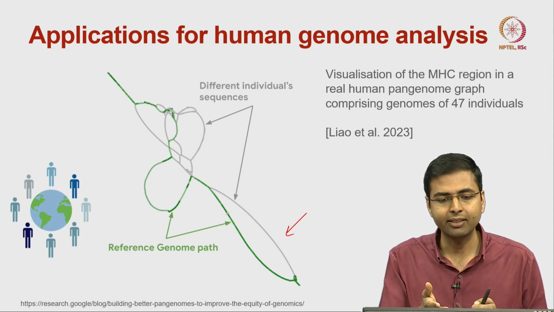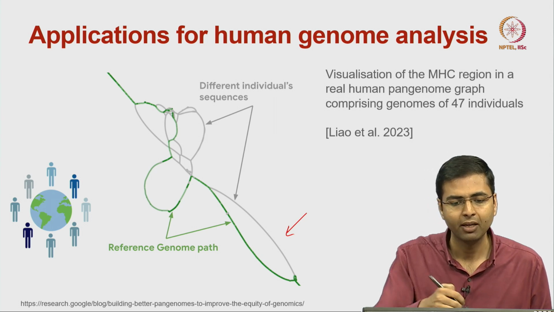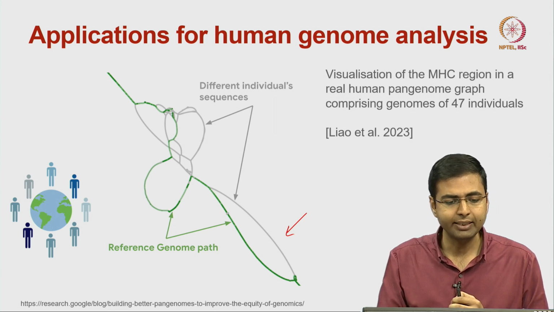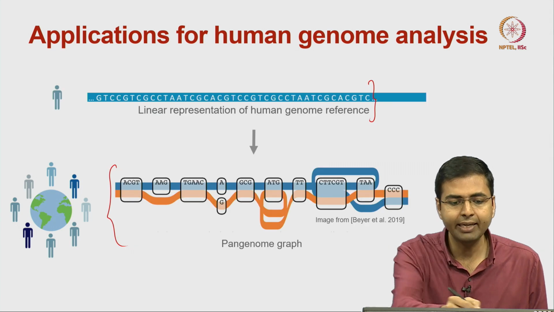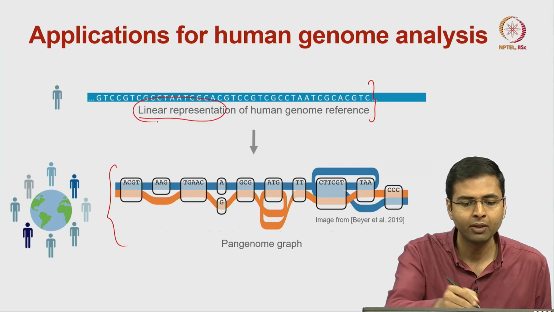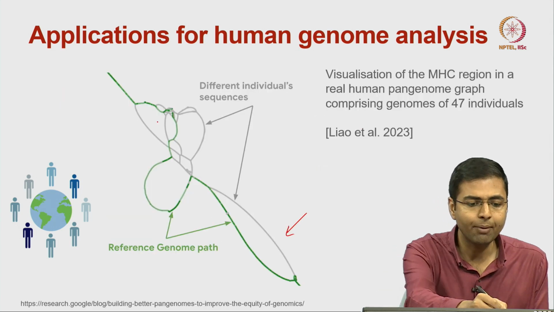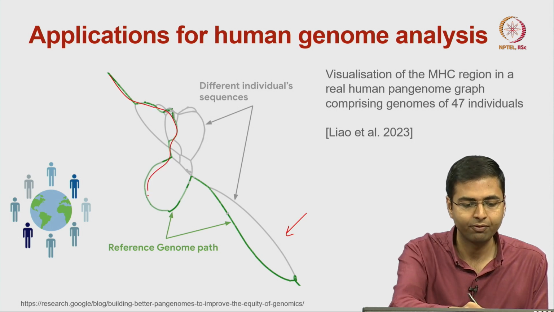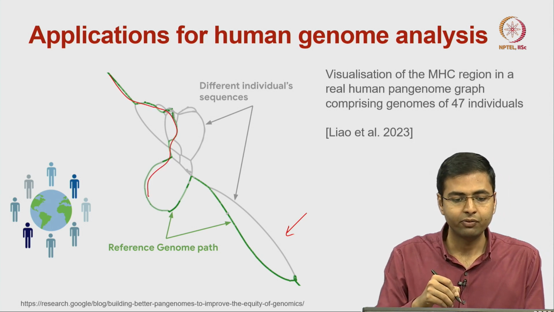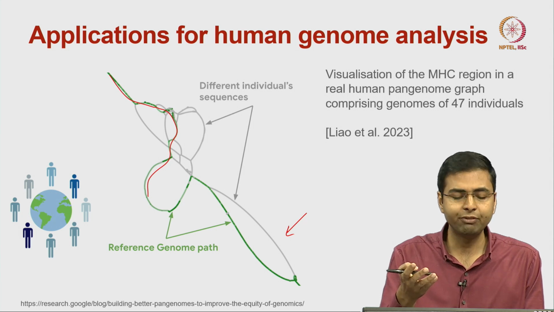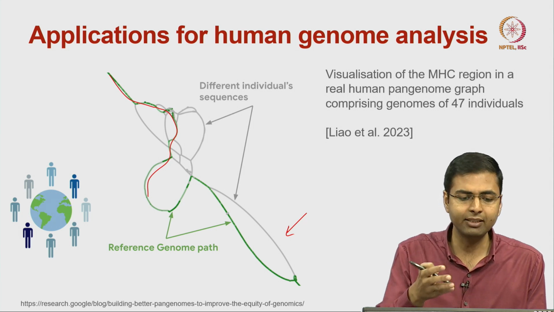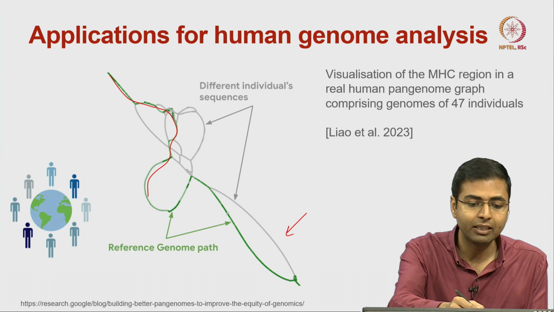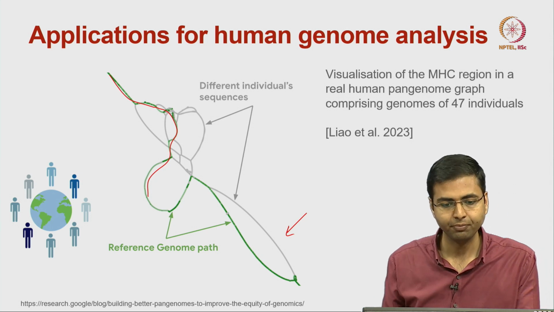This graph is constructed using genomes of 47 individuals from this publication, and you can see that the linear reference of the human genome is just a single path in this graph, represented in the green color. There are other genome sequences which are significantly different from the linear reference, and those appear as different paths in this graph.